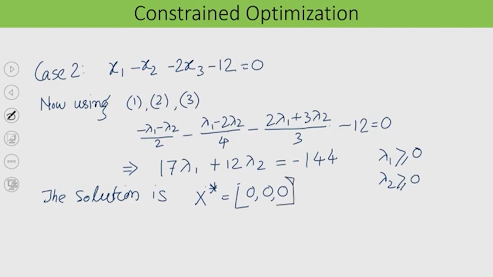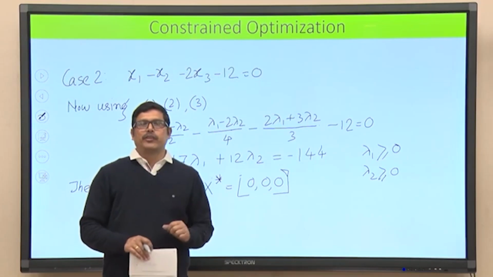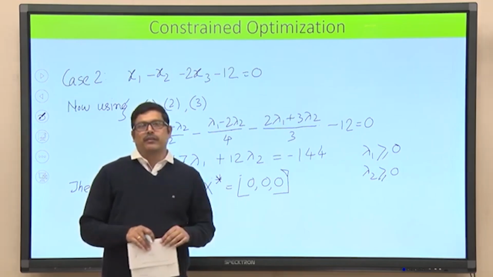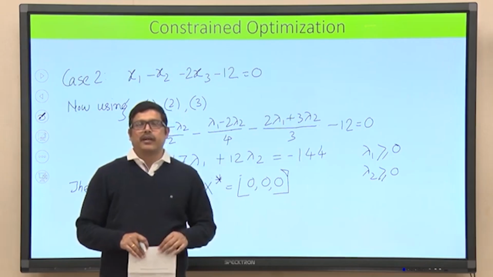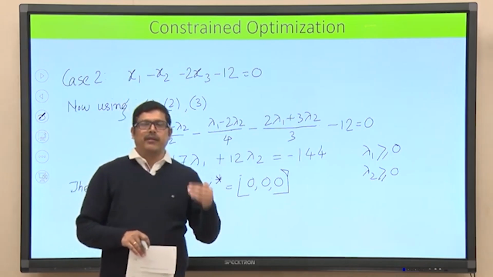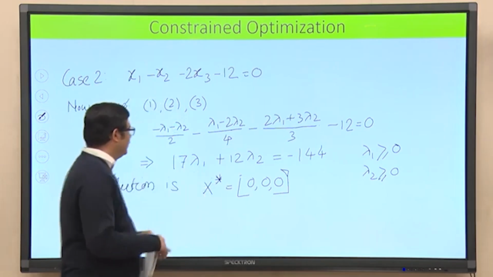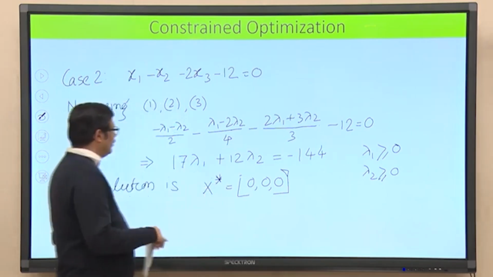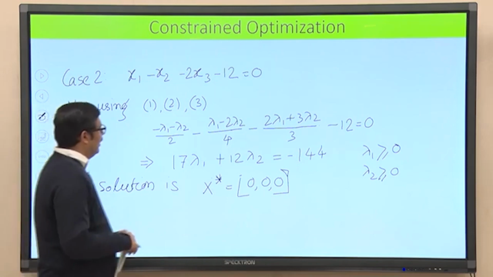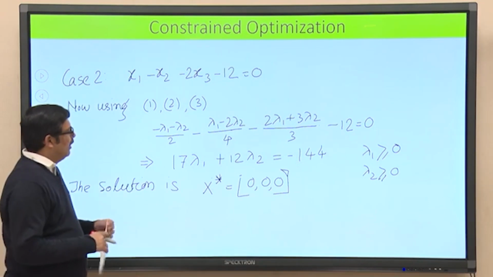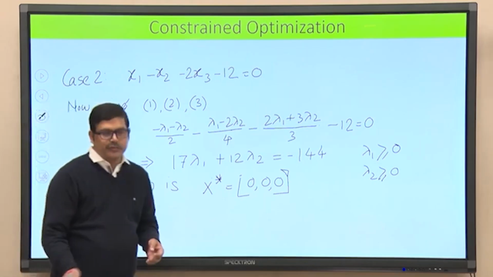So, this is the solution of this particular problem, and this solution, x1 equal to 0, x2 equal to 0 and x3 equal to 0, is satisfying all your Kuhn-Tucker conditions, including that lambda 1 and lambda 2 are greater than 0. So, therefore, this is the possible solution, and the solution of this particular problem is x1 equal to 0, x2 equal to 0 and x3 equal to 0.